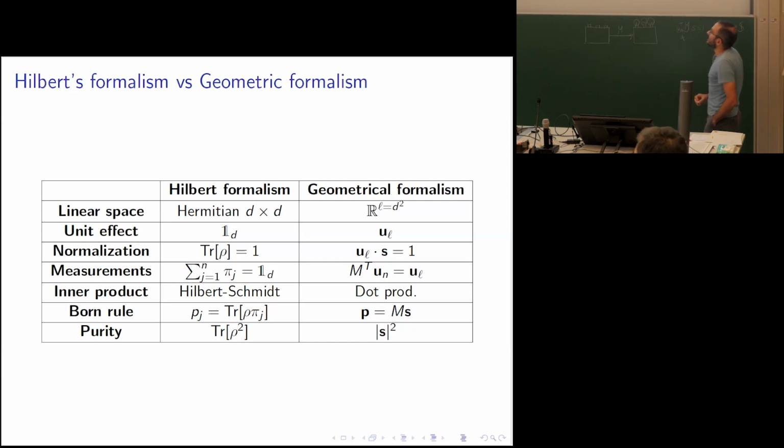Then we have the inner product. I recall that the inner product only makes sense between states and effects, in the operational sense. So probably the representation to the right does not actually preserve the inner product between states and states, but I don't care because that is not operational. The cone of states to the right is probably more widely open or maybe less open, I don't know, than the usual description of quantum, but it doesn't matter because what matters are just inner products of states and effects.